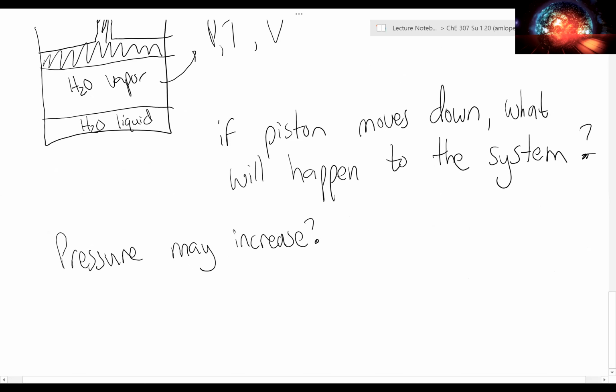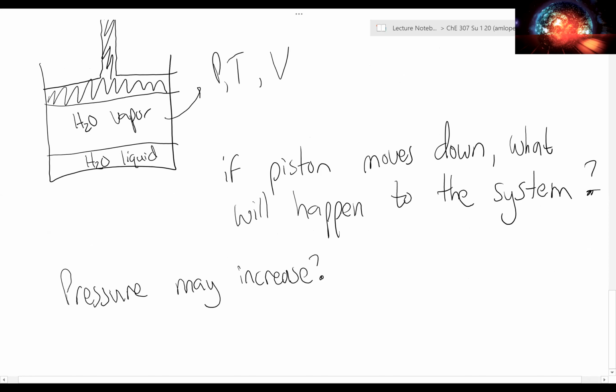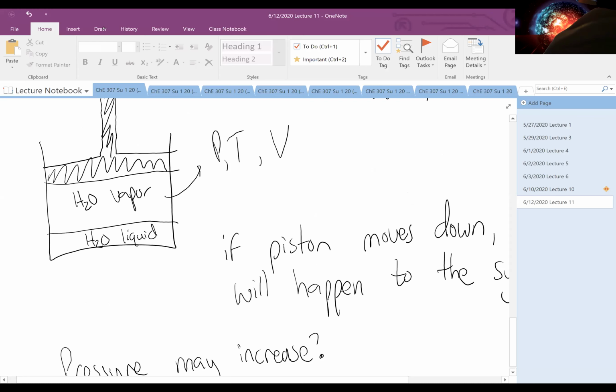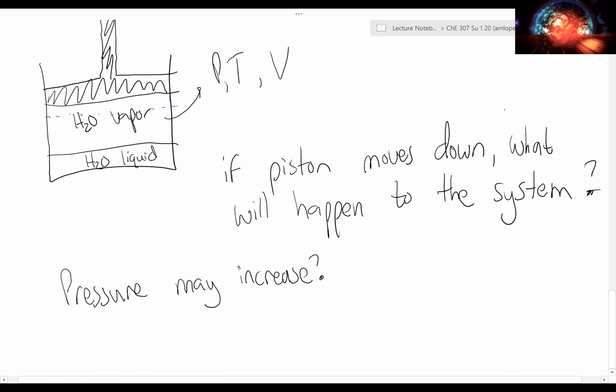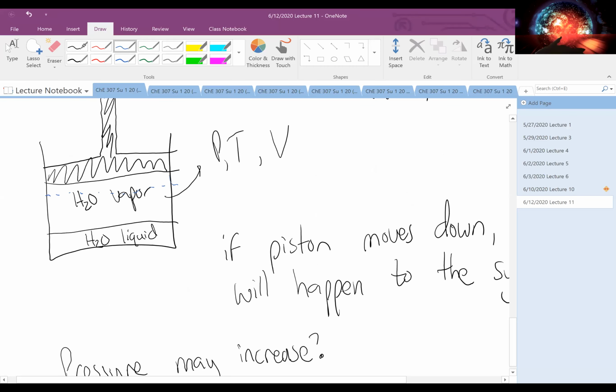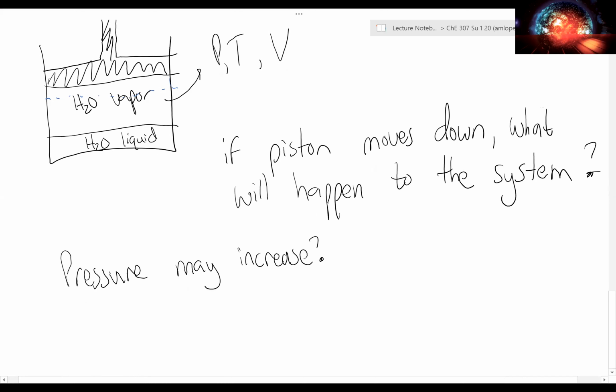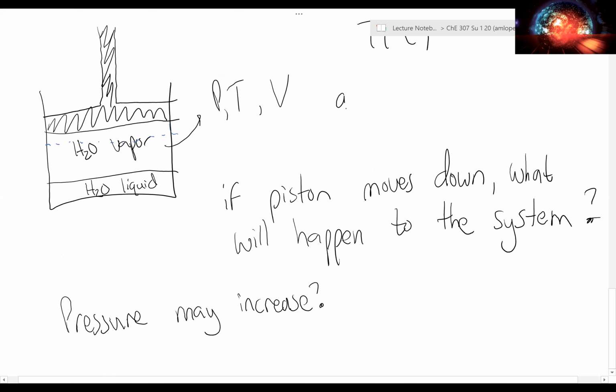Well, we should have a change in volume, right? So this piston might kind of move down here. So the vapor will occupy less volume, potentially, right? And one thing I'm going to say is I'm going to assume this was all at equilibrium.